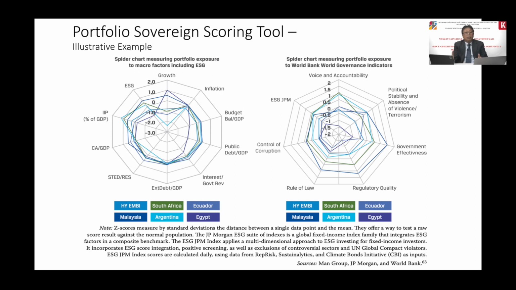And on my right hand side, a spider chart measuring portfolio exposure toward the World Bank governance indicator, whereby the ESG GPM index is incorporated into consideration. Note here, GPM index scores are calculated daily using data from RepRisk, Sustainalytics, and Climate Bonds Initiative as inputs.